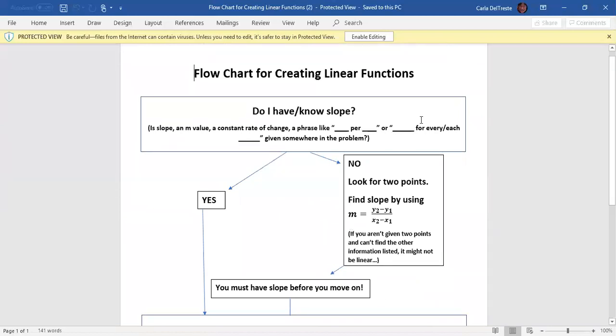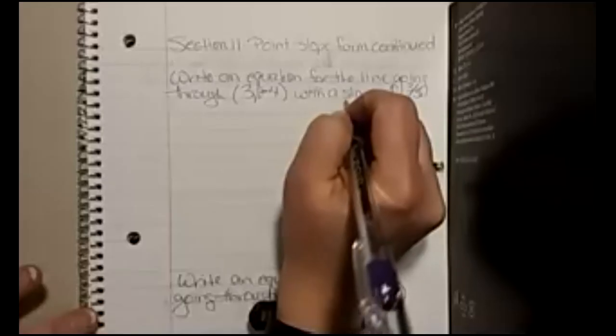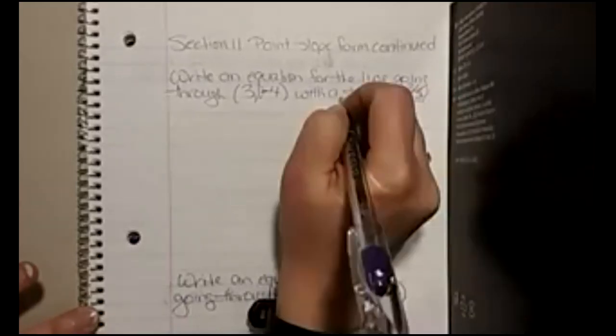So let's come back to the problem. Write an equation for the line going through (3, -4) with a slope of 3/5. Go through that flow chart. Do I have slope? Yep, and it's pretty obvious because it says that it's the slope. So I know that my m is 3/5.